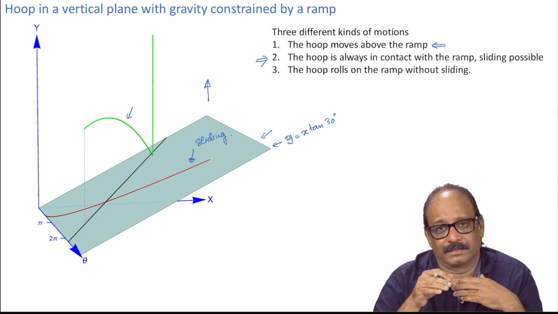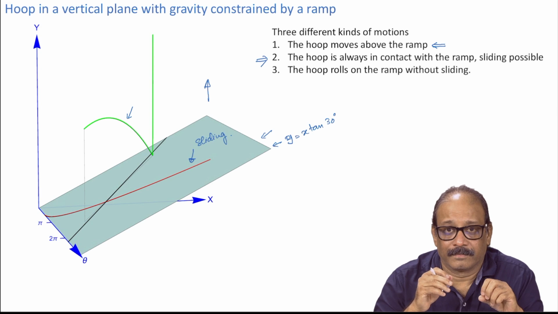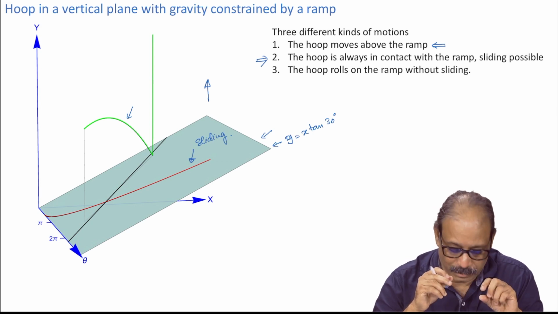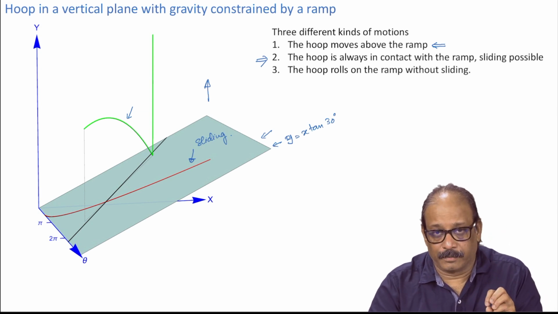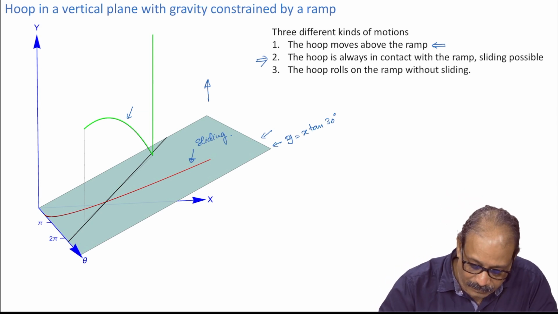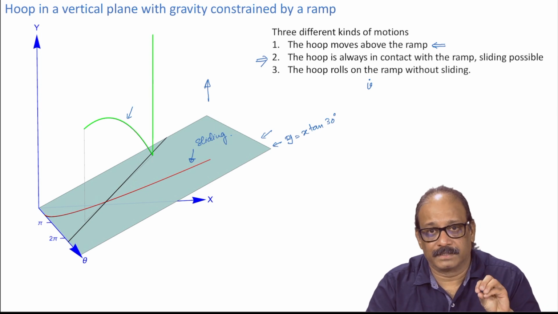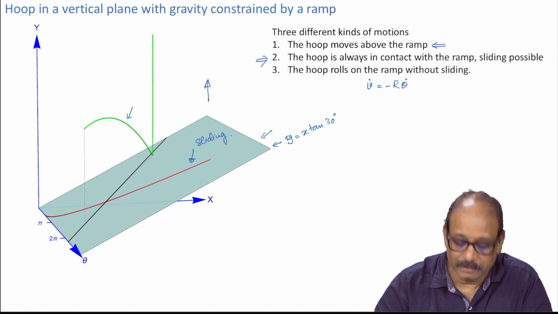So, you can see that the constraint equation for rolling motion, for the third kind of motion, is, suppose I measure the distance or just write velocity v or speed v of the center of the hoop, that must be equal to minus r times theta dot.